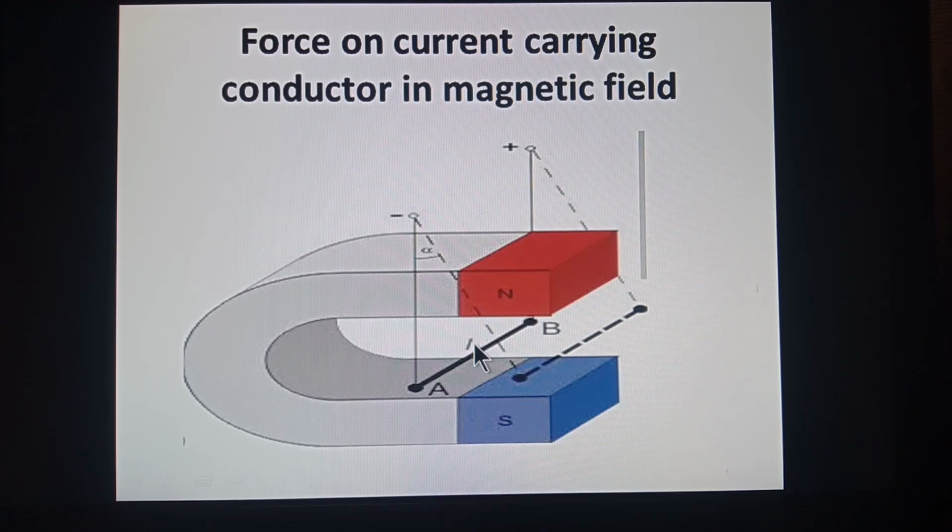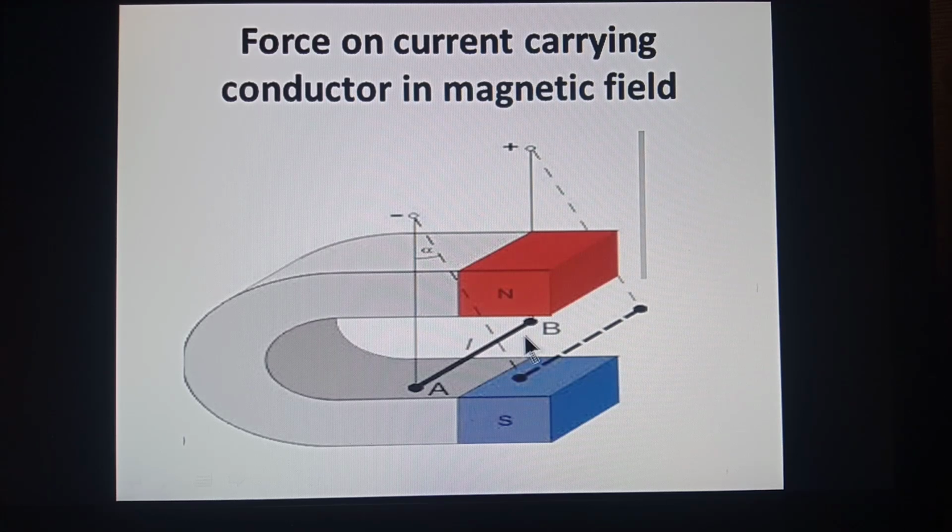The arrangement is such that this conductor can swing between the poles of this magnet. When these two magnetic fields interact with each other, there develops a force on the conductor.